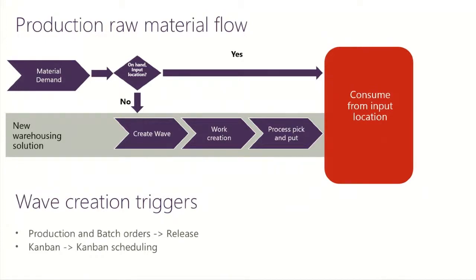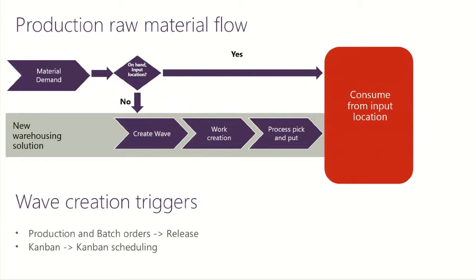That work has been processed using the RF gun that we ship out of box in R3, or somebody calls it a barcode scanner. And as you can see, even then, my goods will be moved into the same input location and then automatically consumed. When they are consumed, they will be in the status picked, and then basically warehousing does not have any visibility anymore of where these goods are in production.